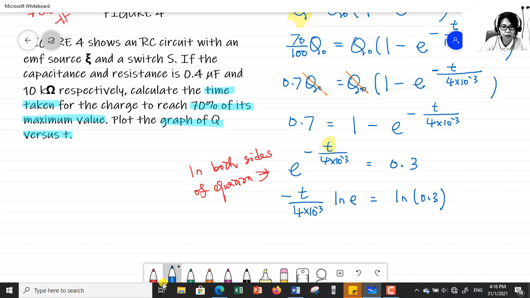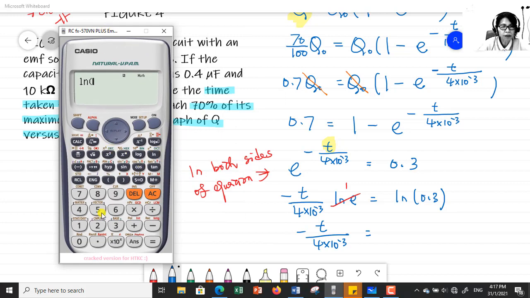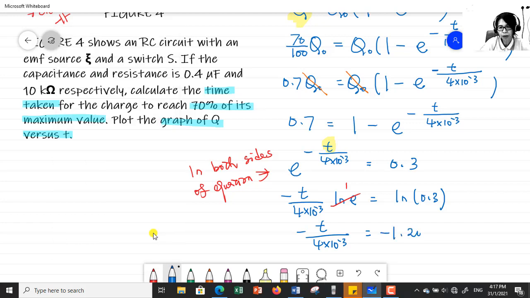So I'm going to have negative t over 4 times 10 to the power of negative 3 equals ln 0.3. I use my calculator: ln 0.3 is negative 1.204.